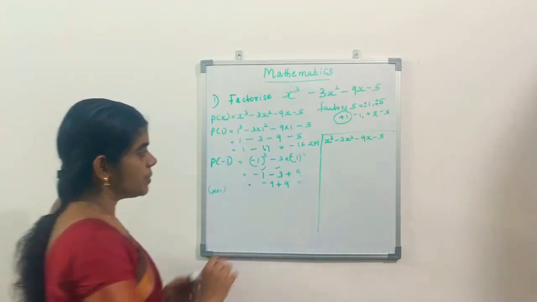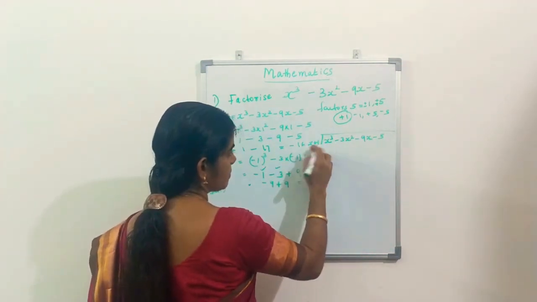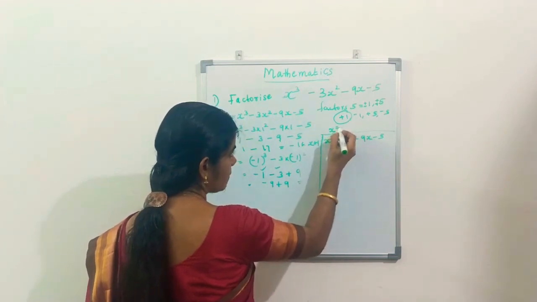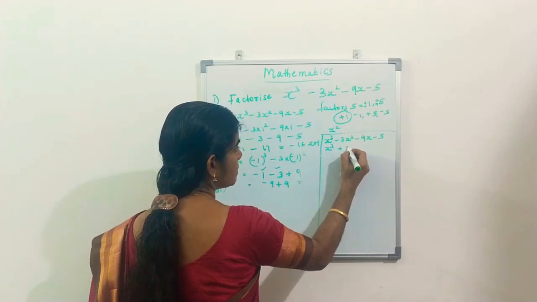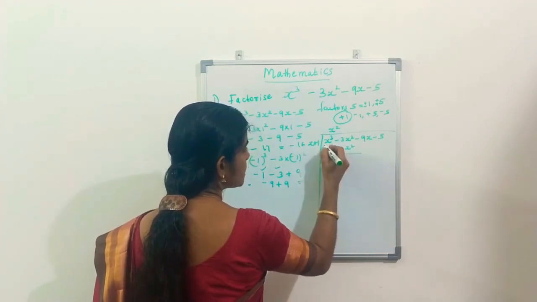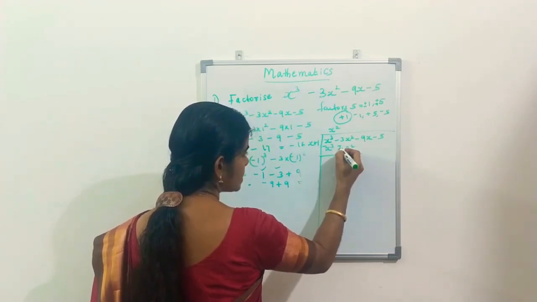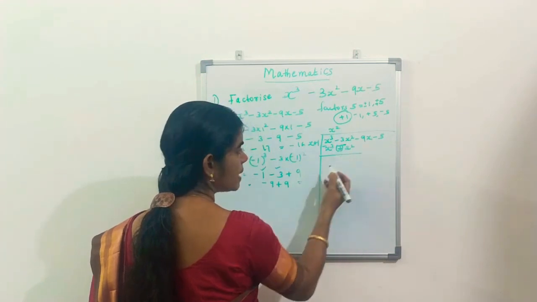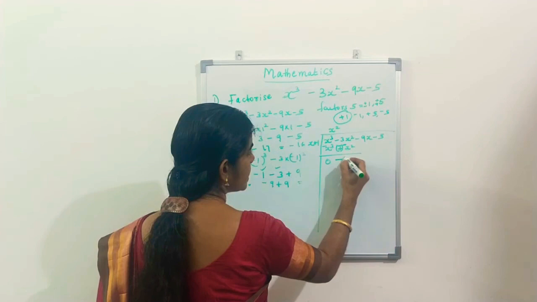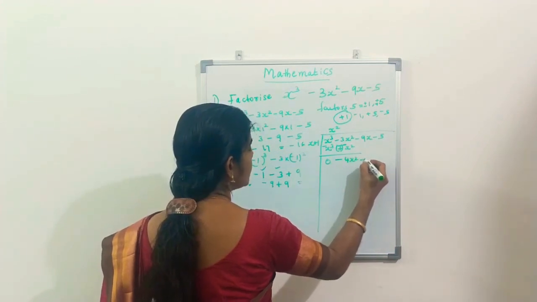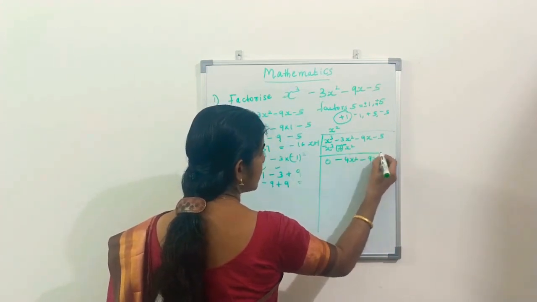Then first you know that x cube by x, you will get x square. Then x square into x plus 1 means x cube plus x square. Then you want to subtract this. Minus plus means it will become minus itself, this 0. Minus 3 minus 1 means minus 4x square. Next number will be minus 9x.